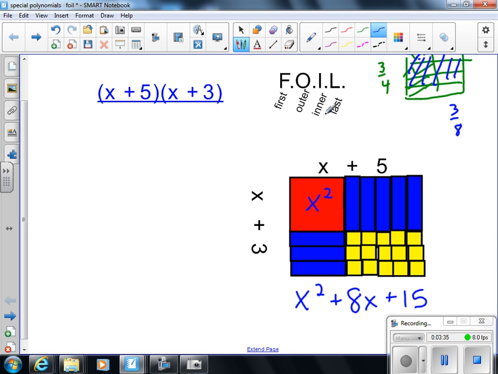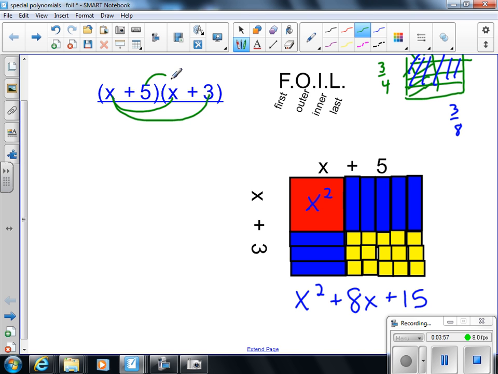And it's called FOIL. In order to multiply a binomial by a binomial, we are going to distribute, but you do it in an orderly fashion. We take the first term times the first term. We take the outer terms and multiply them together.